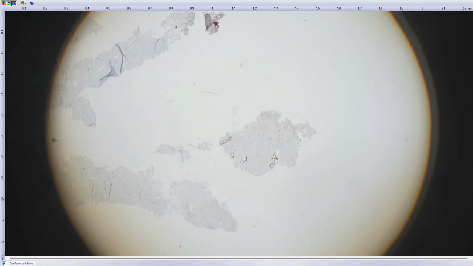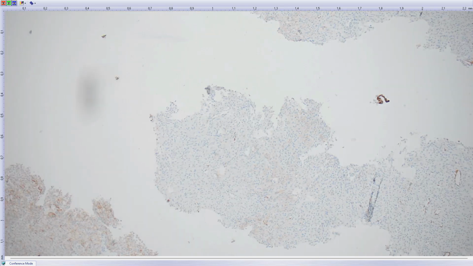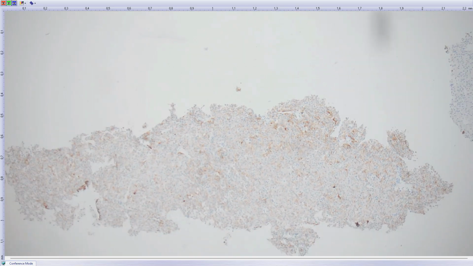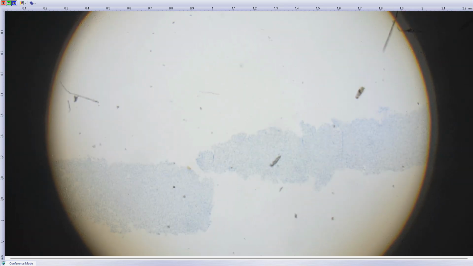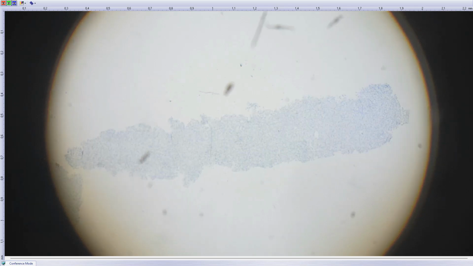Here is H-caldesmon, which is the best smooth muscle marker if you have the right clone. And the tumor is partially positive, but for a well-differentiated leiomyosarcoma, this is not perfect. Then we have desmin, which is entirely negative.